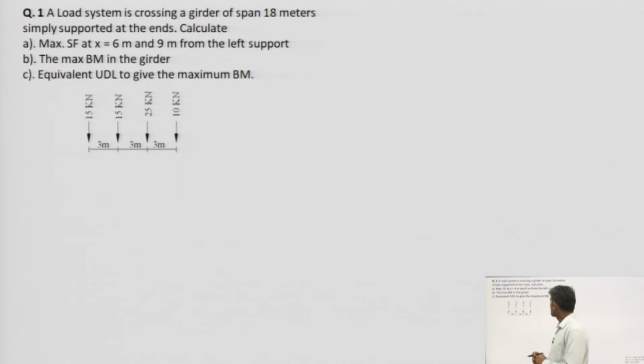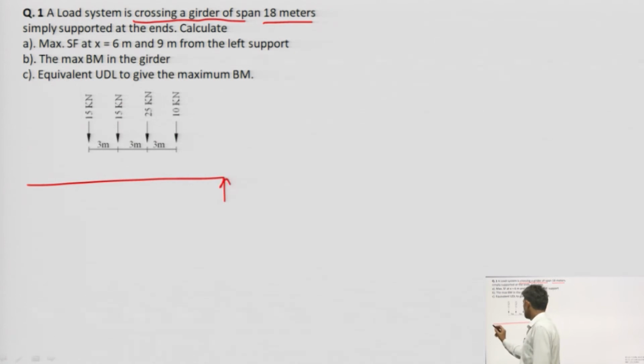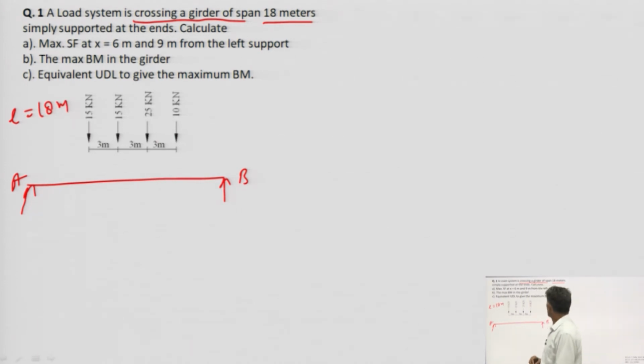Okay. In this question, a load system is given to us: 5 concentrated loads placed at equal distance of 3 meter, with values shown here. This load system is crossing a girder of span 18 meter, and the length of girder, suppose AB, is L equal to 18 meter, simply supported at the ends.